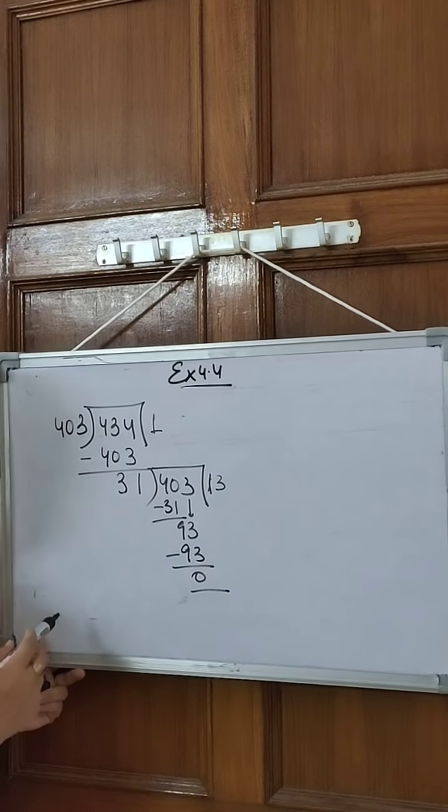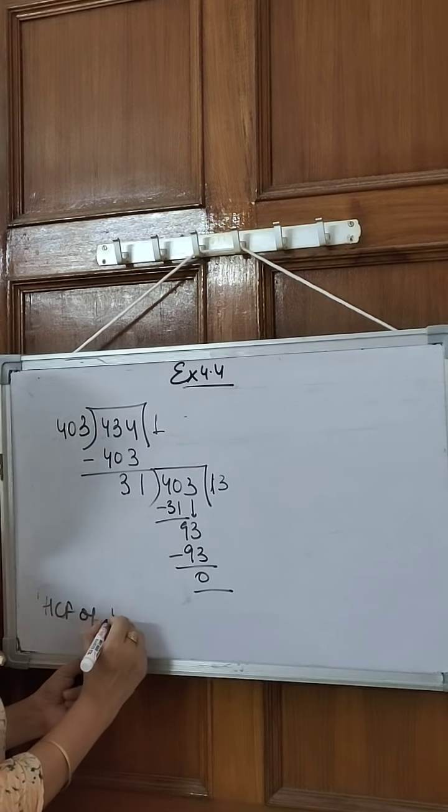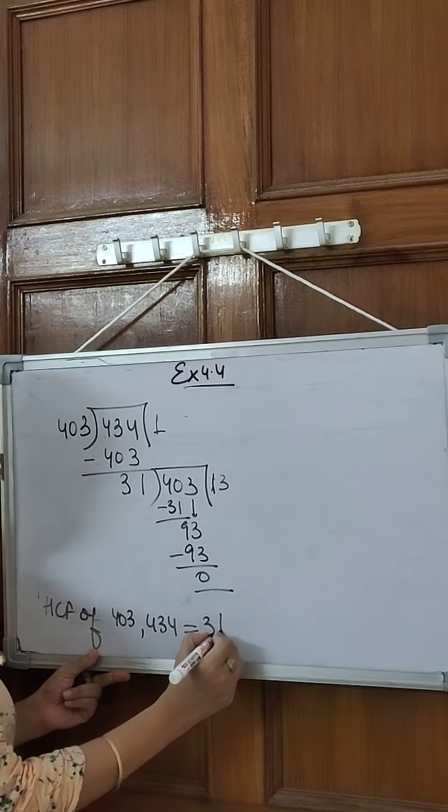So what I can say is that the HCF of 403 and 434 is 31.